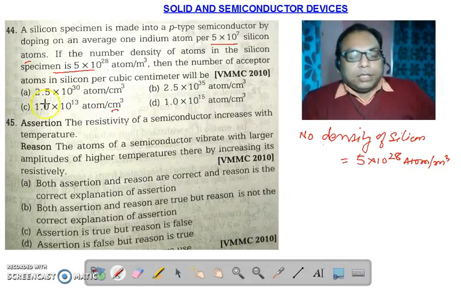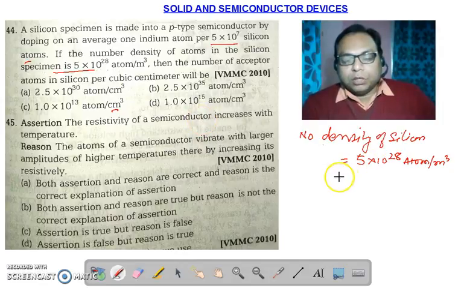As you can see, the answers are given in centimeter cube. So per cubic centimeter, we have to calculate, so we need to convert it into cubic centimeter. 5 into 10 to the power 28 divided by 100, or we can say 10 squared, meter cube.